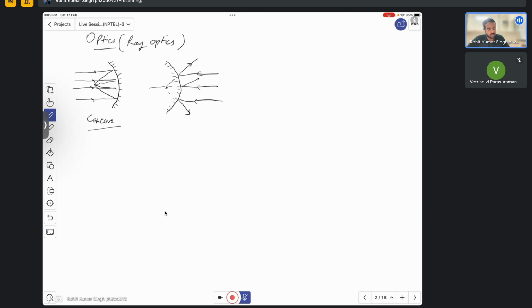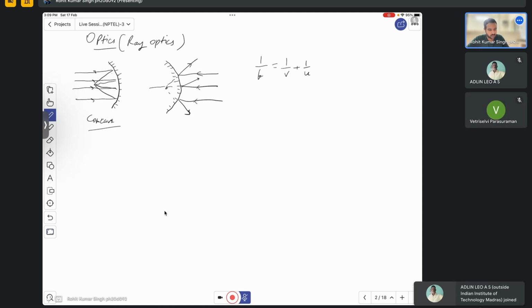There is a formula called the mirror formula, which relates the object distance, image distance, and the focal length of the mirror. It's the same as the lens formula, just with a plus sign.